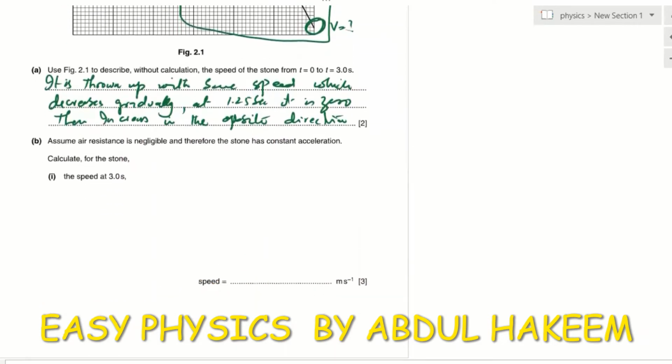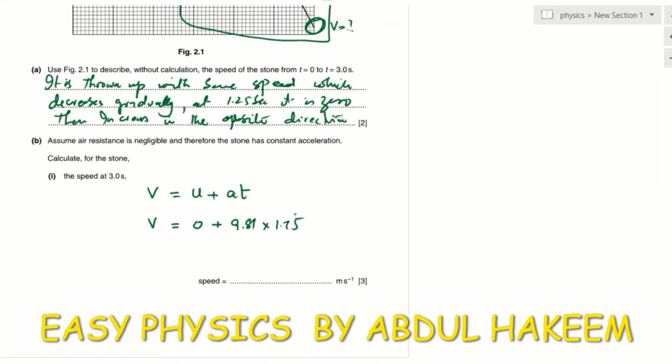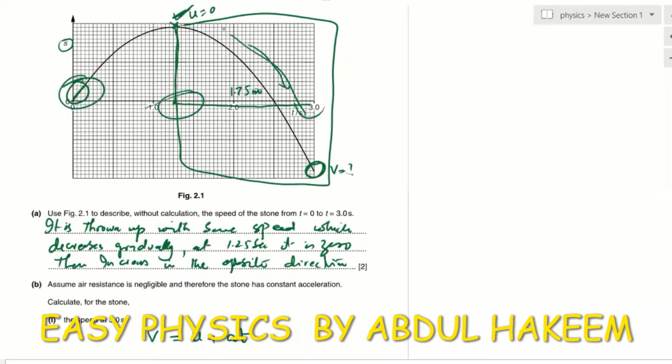So we can write v is equal to u plus at for the second part of the graph. Initial velocity for this part is 0, acceleration 9.81, and the time is 3 minus 1.25, meaning 1.75. So we calculate this, and it is approximately 17.2 meter per second.